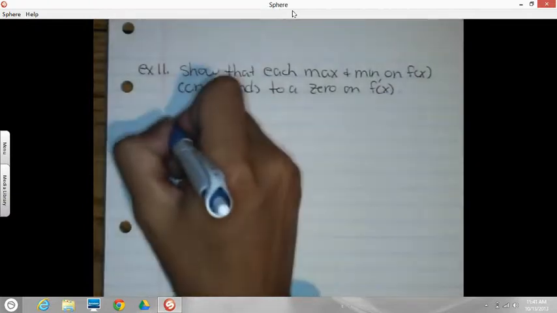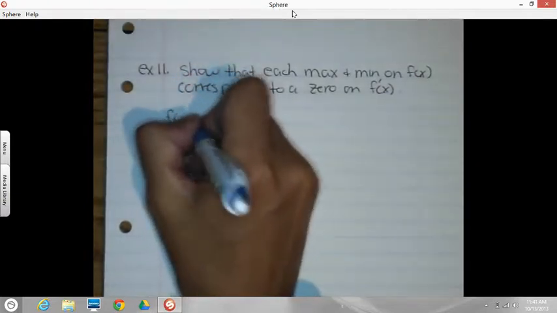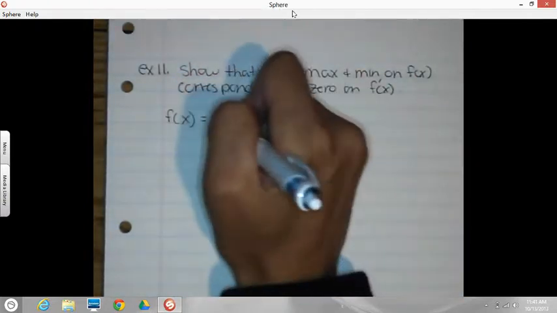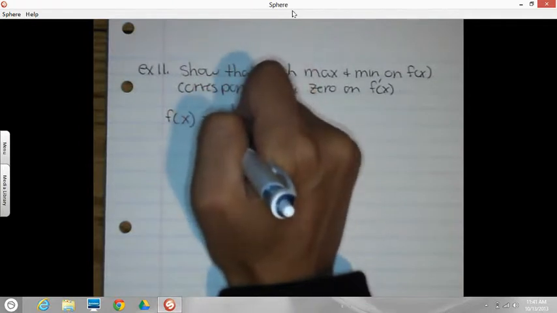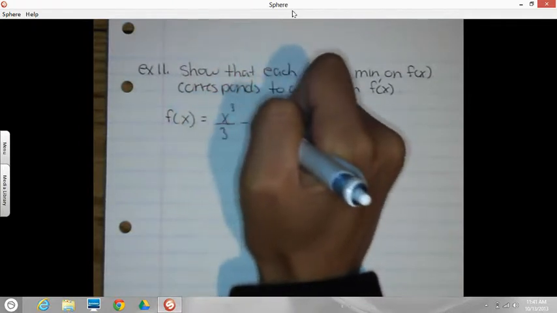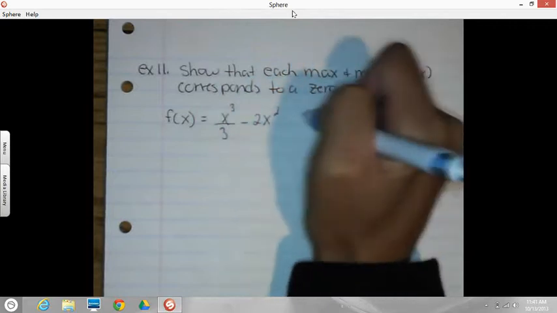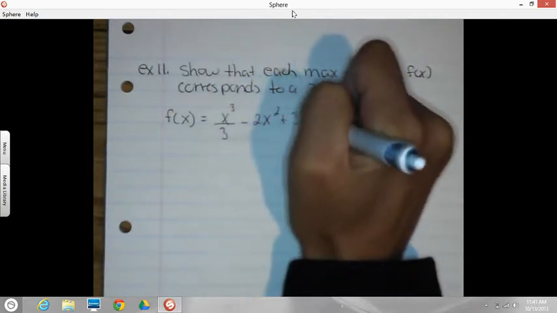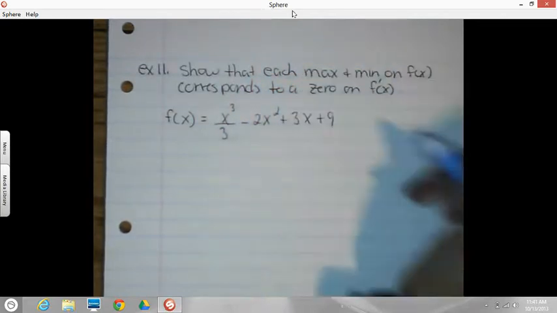So we're going to be showing this on the calculator. So we've got x cubed over 3 minus 2x squared plus 3x plus 9. Okay, we'll be graphing that in a minute.